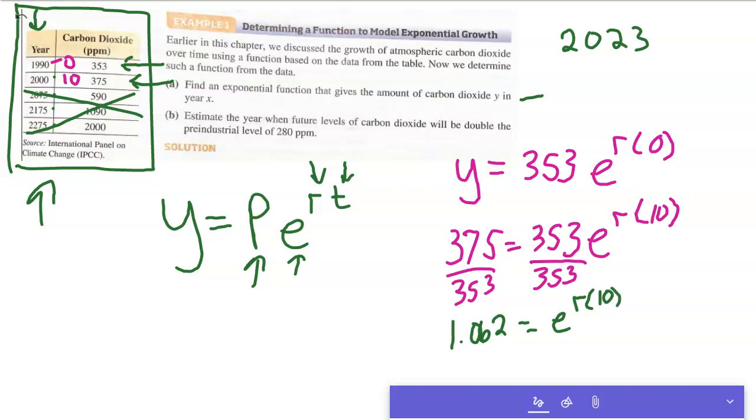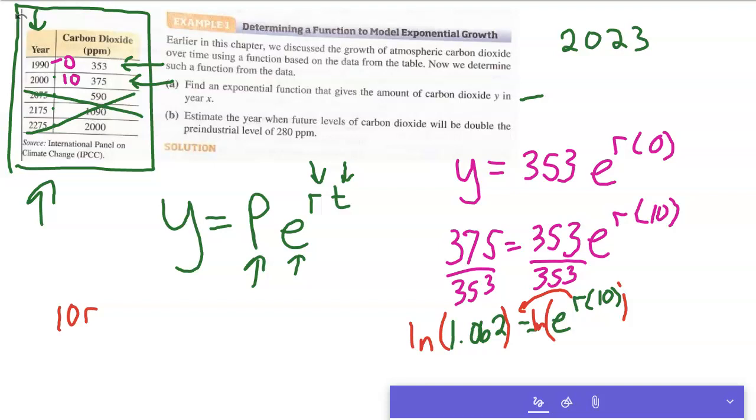That decimal keeps going, but I rounded it to the nearest thousandth, good enough. Then we take the natural log of both sides, and what that does is it pops that 10r out front.